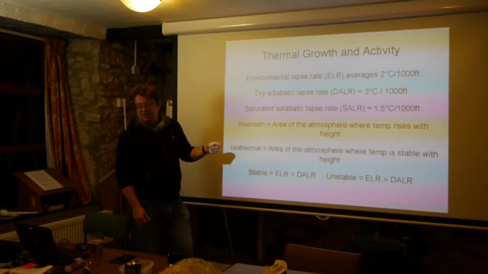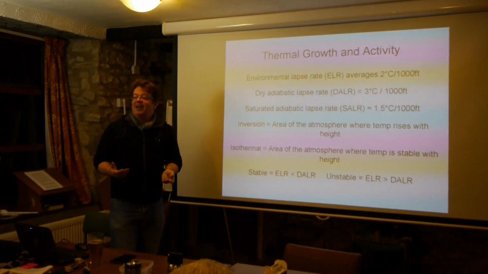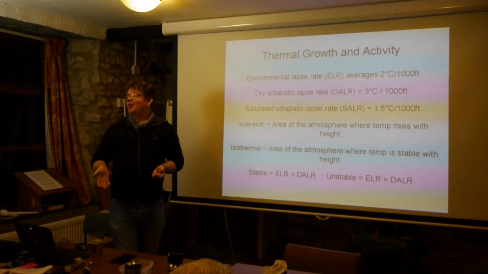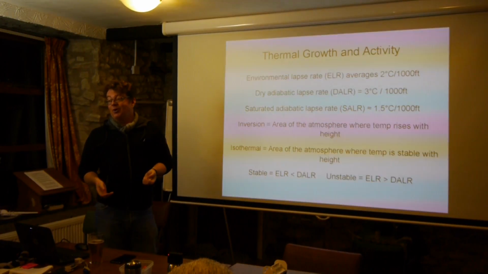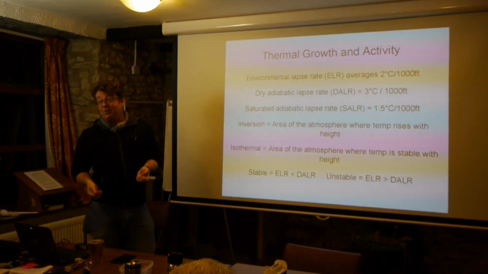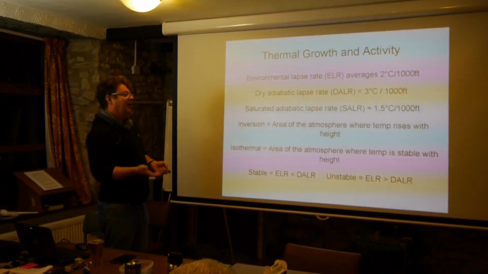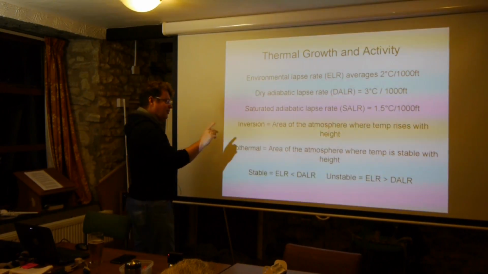In flying, there's a frequent misuse of this term, in that people get to what they call a stable layer and they can't climb above it, and they say, oh, I got to the inversion. Well, it wasn't necessarily an inversion, it was just a bit more stable than the bit that you were in before. In fact, more often than not, it probably wasn't an inversion. When someone says, oh, I got to the inversion, you say, no, you got to the stable layer.